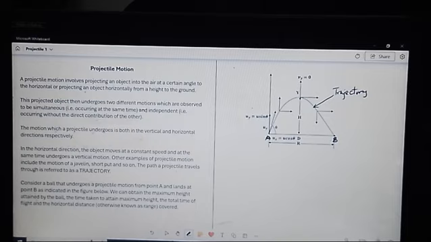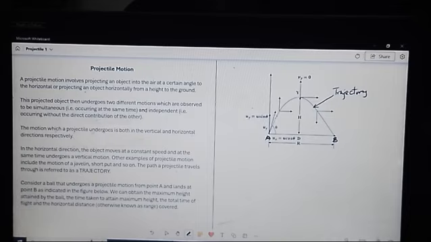Now, having said this, there are certain points we need to consider when we talk about a projectile motion. Initially, we've said that this object at this point is projected at an angle theta to the horizontal.